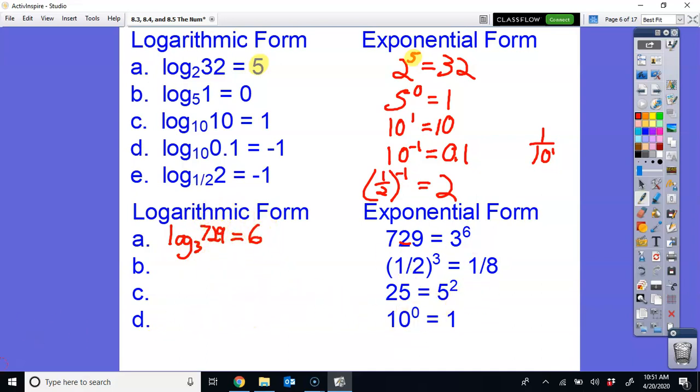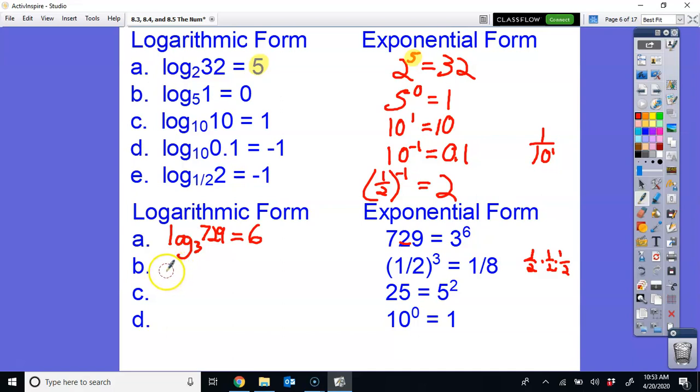All right, so try the other 3. Pause the video there. Okay, so hopefully you paused these and you tried them. But let's look at the answers. This base, 1/2, raised to this exponent equals this number. Think about that, guys. 1/2 to the 3rd means 1/2 times 1/2 times 1/2. That is going to give you 1 over 8. 2 times 2 times 2. So this base raised to this exponent equals this number.